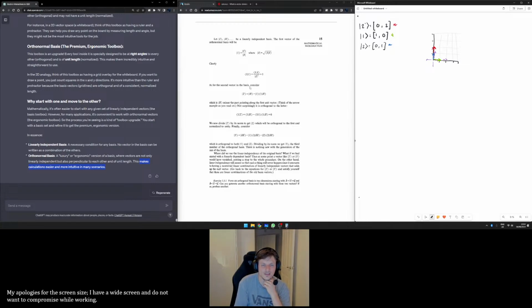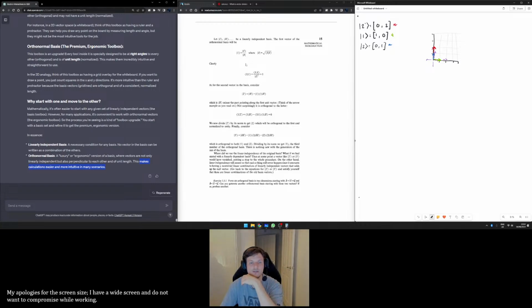Finally consider 3. I think our toolbox could be used quite nicely here for all of these. I might think about that when I'm getting into bed, because that's very interesting. There's a lot of juicy information here. And so then it asks, where did we use the linear independence of the original basis?